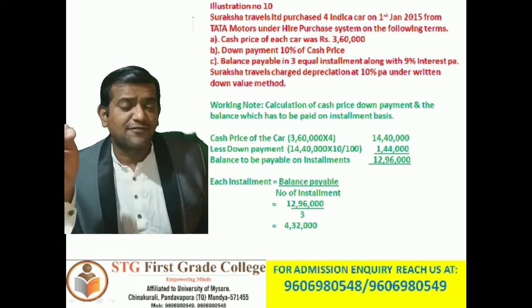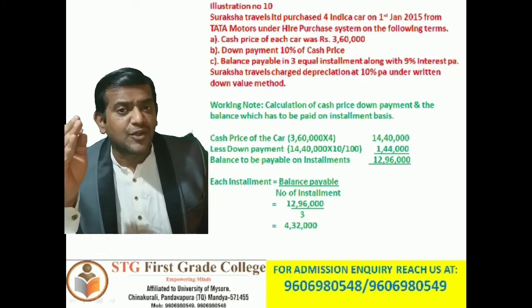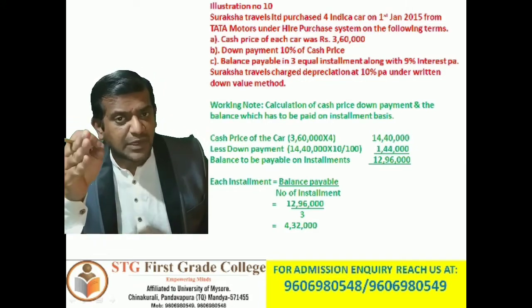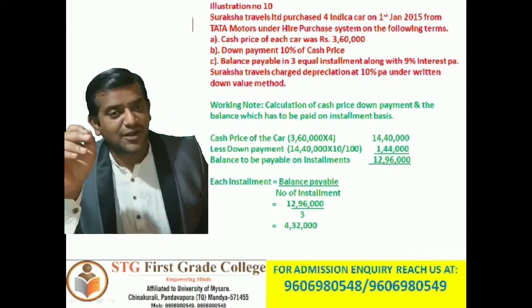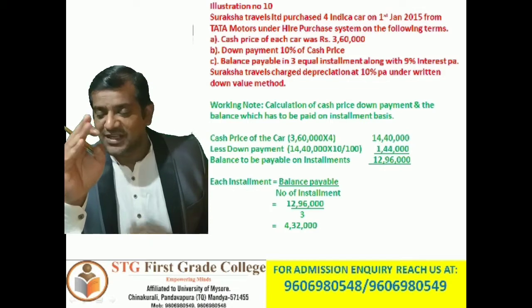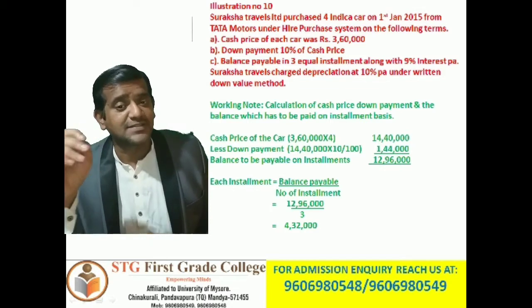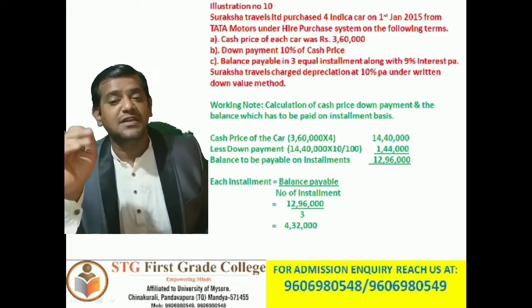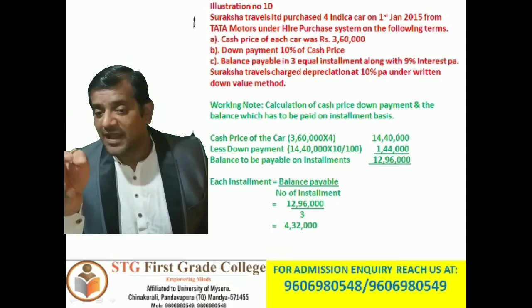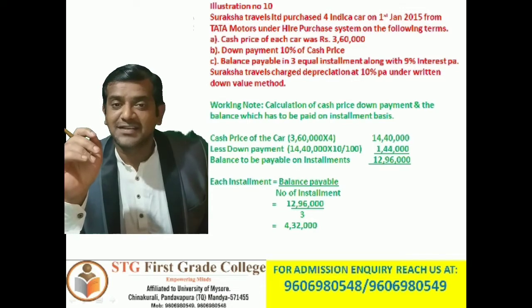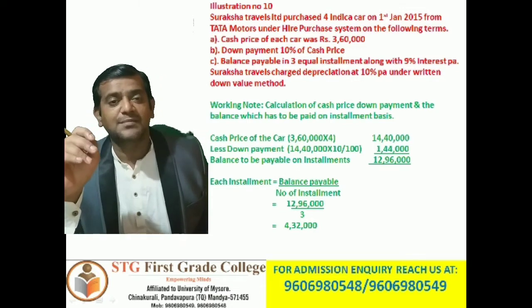So now we have to pay an annual installment which has to be equally distributed over 3 years. For that also we have a formula. What is that formula? Each installment equals balance payable divided by number of installments. So balance payable is 12,96,000 divided by 3.